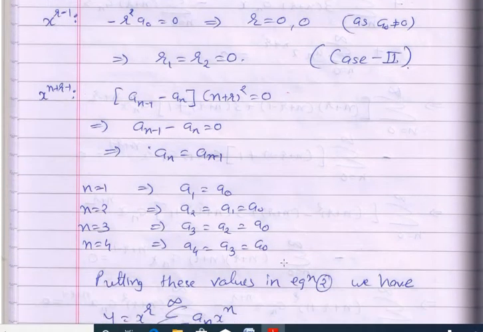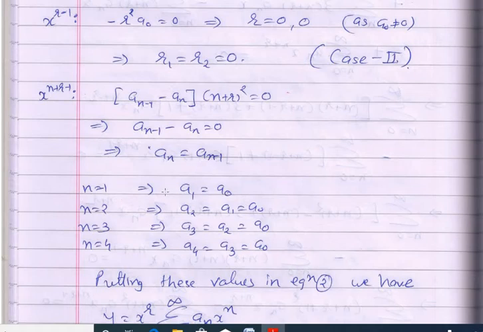So we have a case of repeating. So comparing both sides, second coefficient of x raised to n plus r minus 1. So from that one you have an minus 1 minus an into n plus r whole square is equal to 0. Now see, this term is not going to be 0 for all values of n. That means this term must be 0, and that will give you an minus 1 minus an is equal to 0, and that will give you an is equal to a of n minus 1.